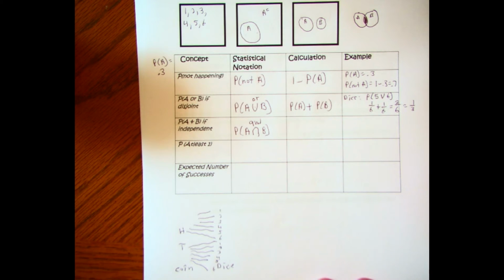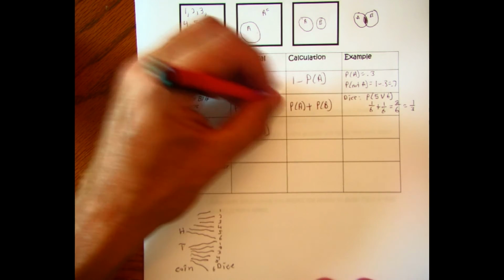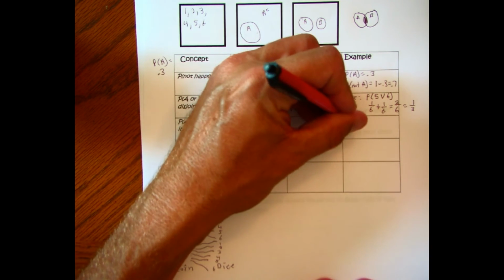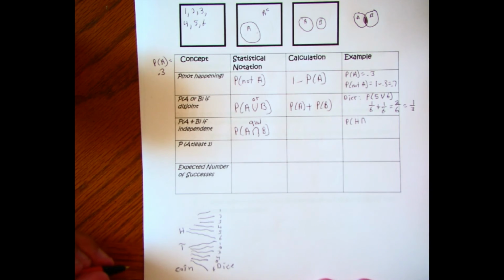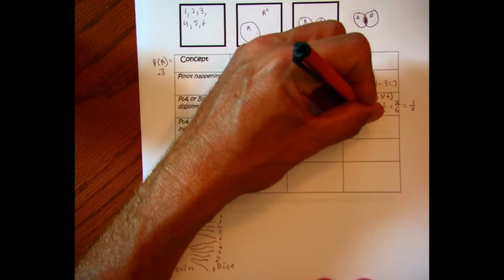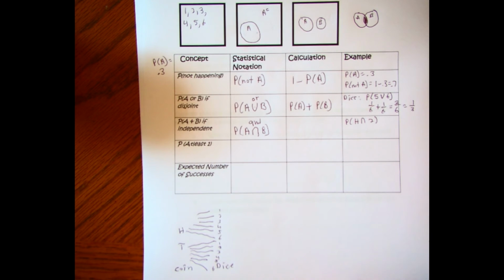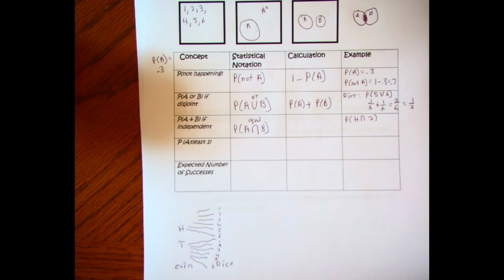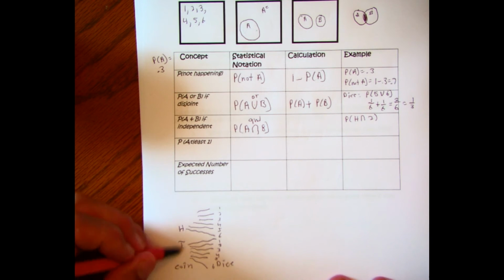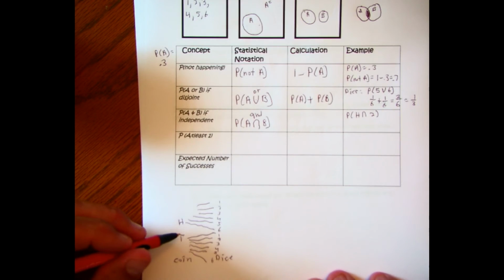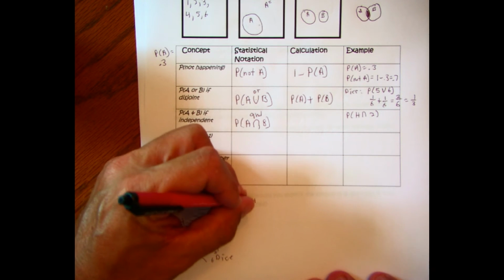So, let's see. We're going to do the probability of a head and a 2 on the dice. Well, there's 12 different things that can happen here, right? Here's our sample space.